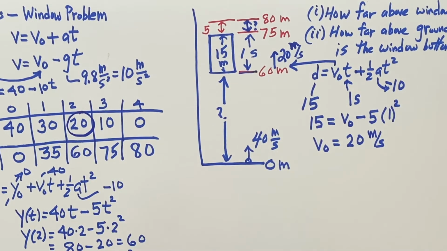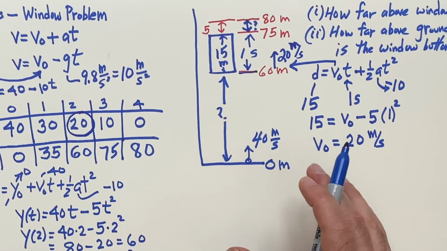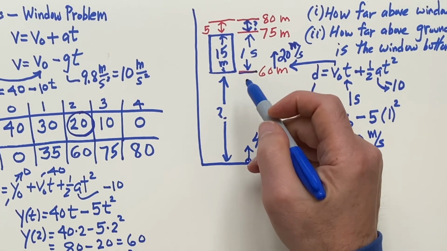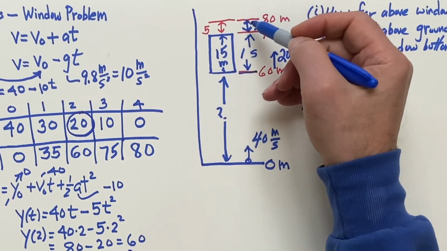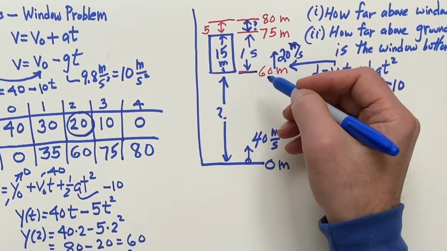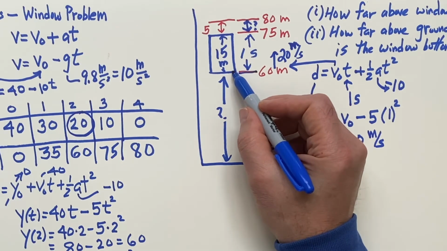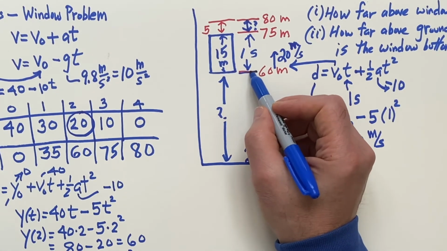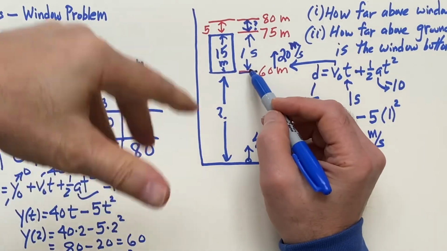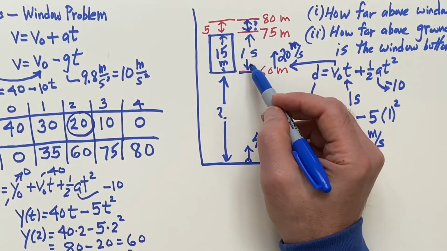Now, the way I approach this problem is I try to find out something that I can do. I couldn't find how high the ball went unless I had some information like the velocity at the bottom of the window. If I knew that, now I can find how much time it takes the ball to stop.